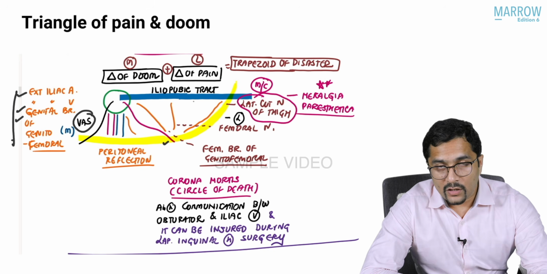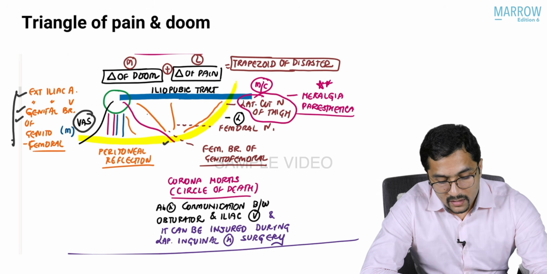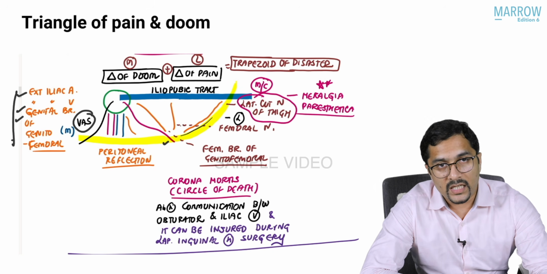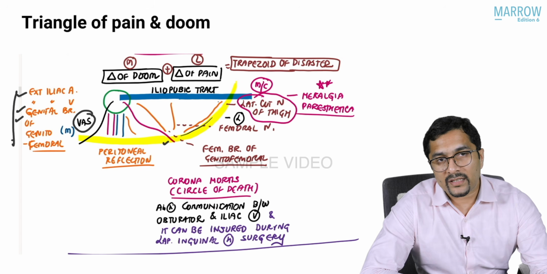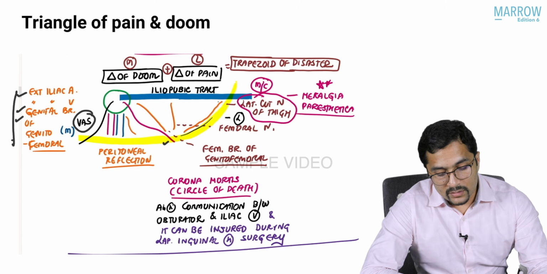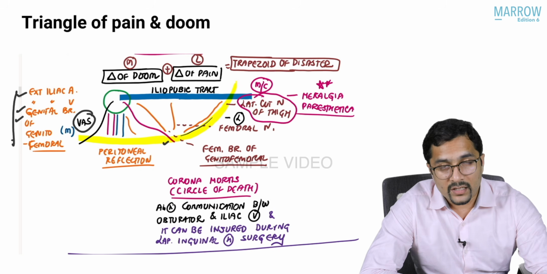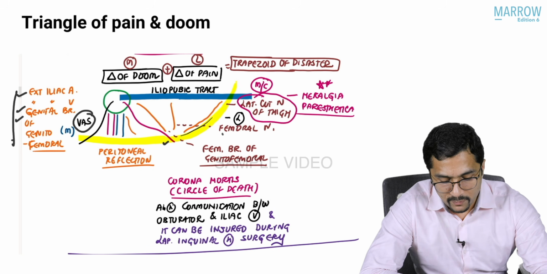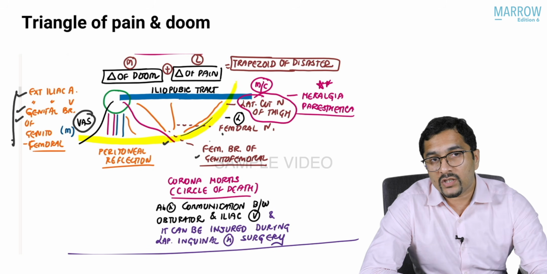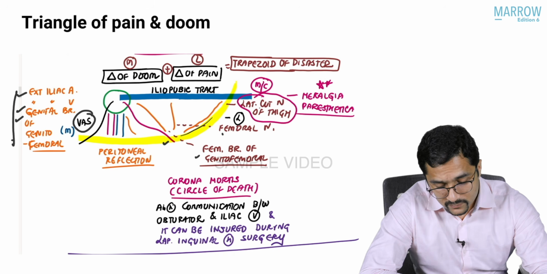Adjacent to it is the triangle of pain, which is bounded by the testicular vessels medially, peritoneal reflection laterally, and the iliopubic tract superiorly. Now, this is called the triangle of pain because three nerves lie here. You have the lateral cutaneous nerve of thigh, femoral nerve, and the femoral branch of genitofemoral nerve.